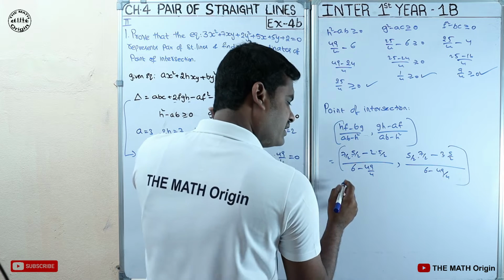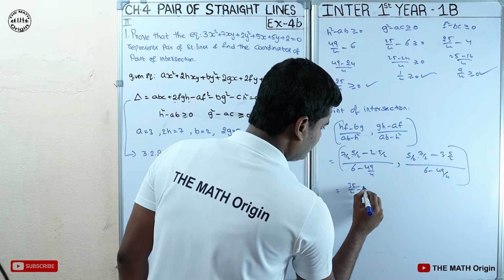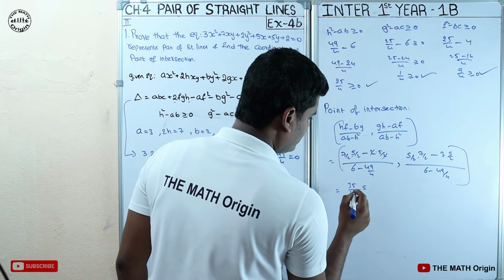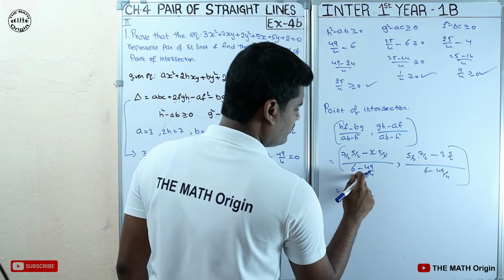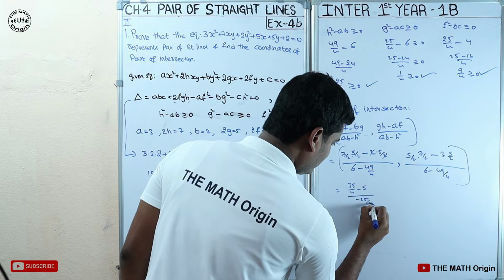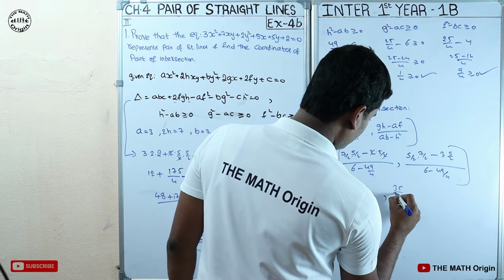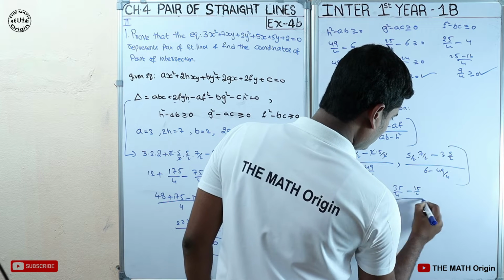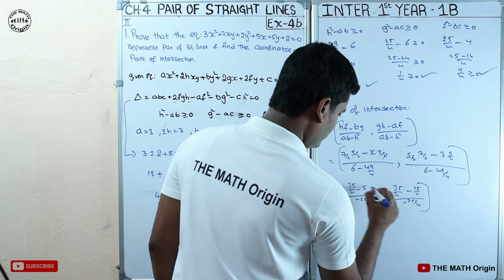Okay, here the value is 7 into 5, 35 by 4 minus 5, 2 cancelled, so 35 by 4 whole divided by 6 into 4 is 24, 24 minus 49 is minus 25 by 4, comma, here also 7 into 5, 35 by 4 minus 15 by 2 whole divided by the same value minus 25 by 4.